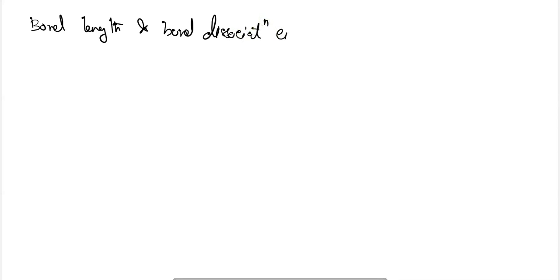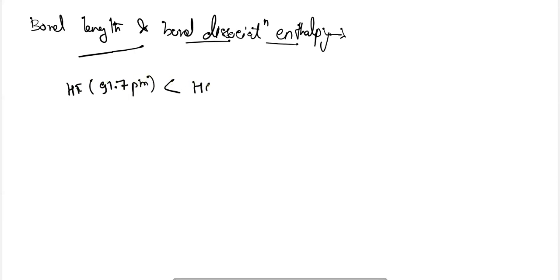Next is the bond length and bond dissociation enthalpy. The bond length for HF is 91.7 picometers. For HCl, it is 127.4 picometers.